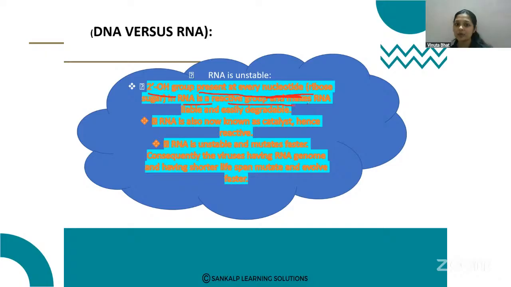It is a reactive group and makes RNA labile and easily degradable. RNA is also known as a catalyst, hence it is reactive. Then RNA is unstable and mutates faster. Consequently, viruses having an RNA genome and a shorter lifespan mutate and evolve faster. So that is the mutation capacity.